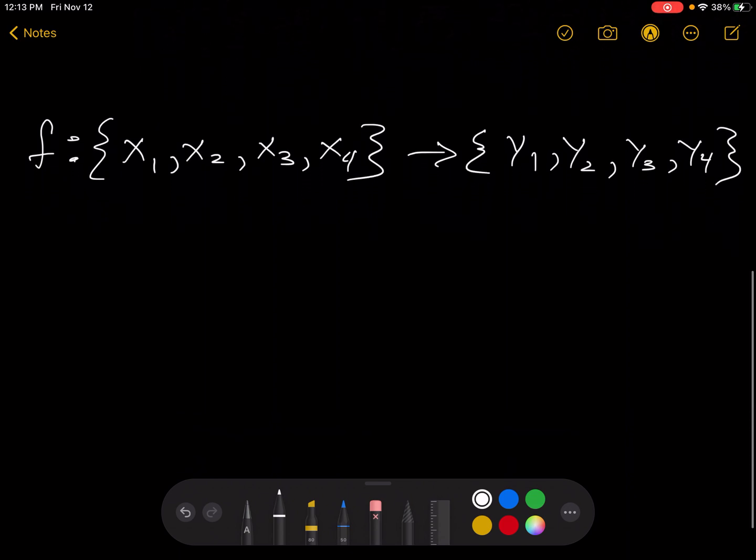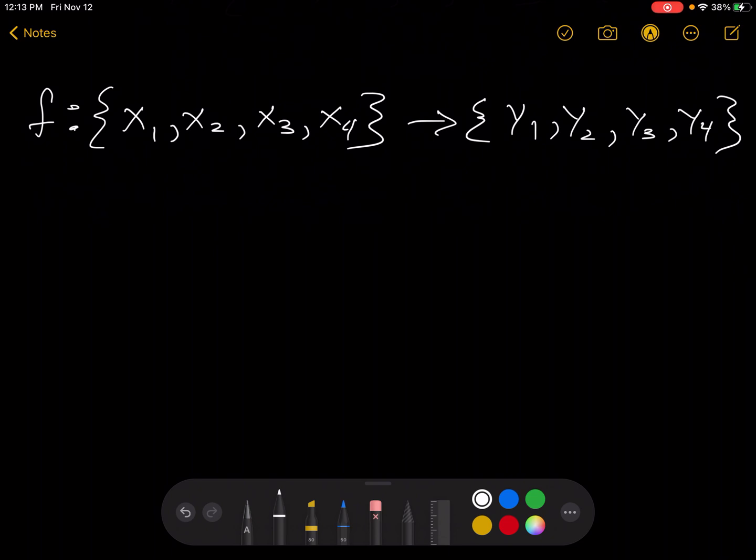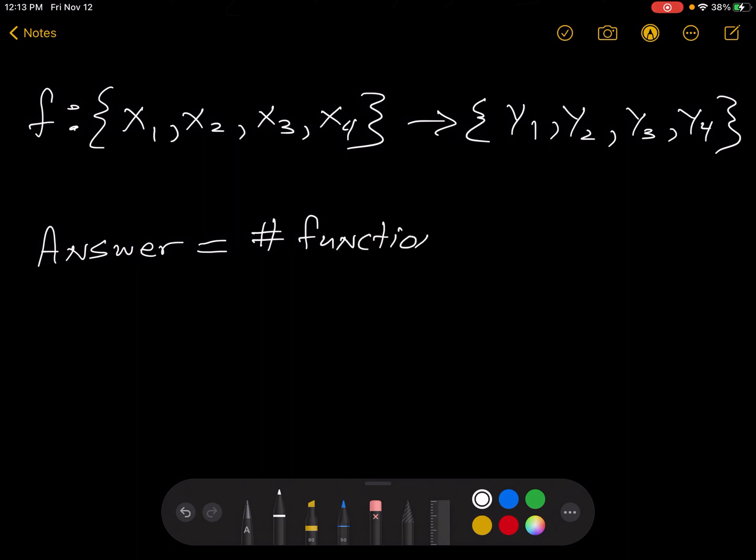All right. So now that we've reformulated this, I'm not going to give you the answer to the problem, but I want to give you a strategy for solving it. The answer to this problem is going to be the number of functions minus the number of onto functions.